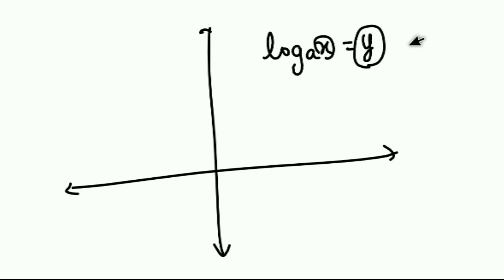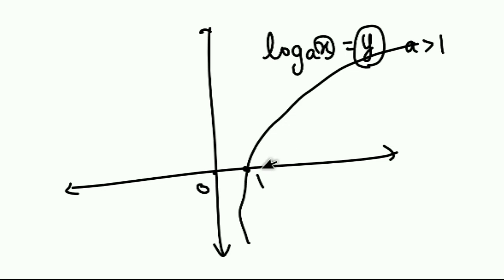When your base is greater than 1, then your logarithmic function's graph will be like this. And this will be your x coordinate 1, and this will be your origin. It means that when your x value is 1, to the base a, your y coordinate will be 0 when your base a is greater than 1.